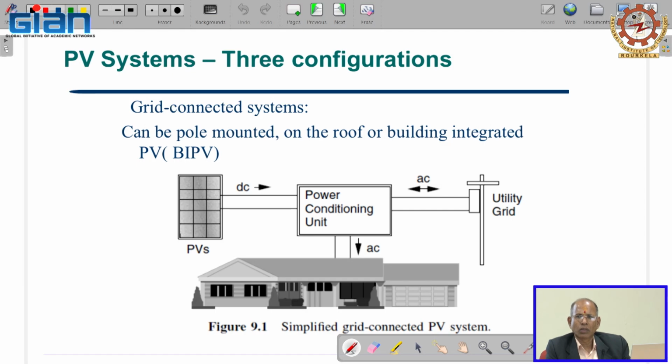Maybe if you have visited IIT Delhi, have anyone visited? You can see one of the buildings in front of the library. Have you seen it? You notice that the roof is PV material. So it could be building integrated PV.